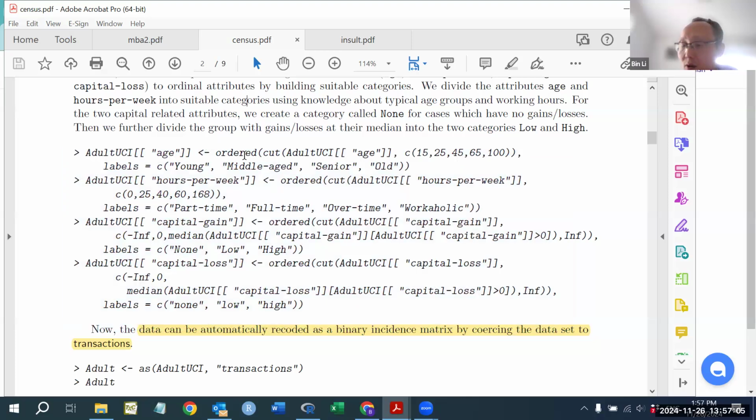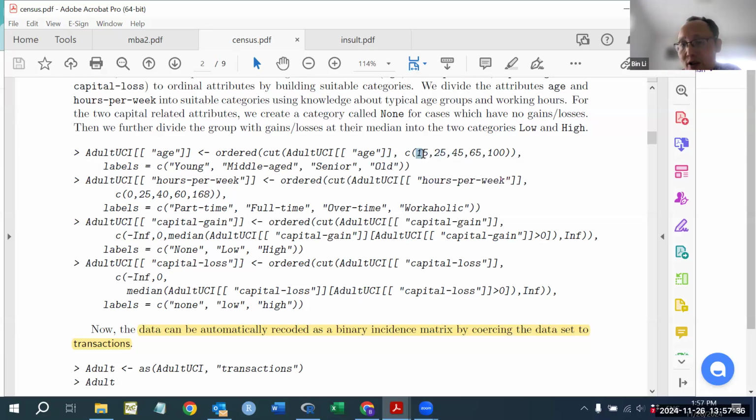So this is the sample code. And here for the age, I used the cut function in R, an ordered function. I put the age into 4 categories. The thresholds are at 25. 15 is the youngest age in the data set, but the cut is at 25.